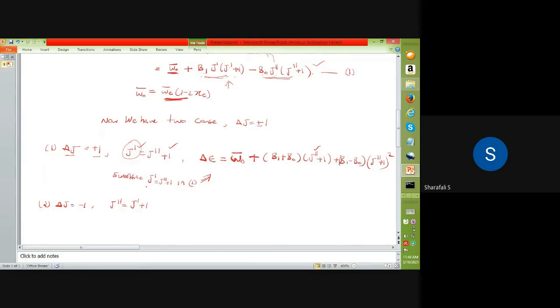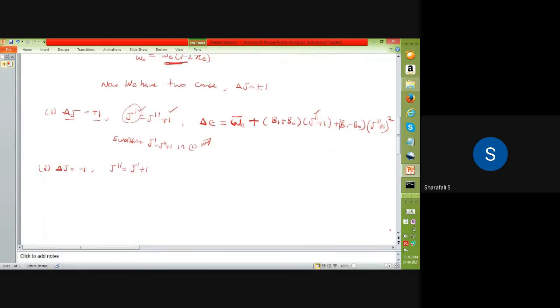So the transition is from the higher state, from 1 to 0, then only we will get delta j equal to minus 1. So in this case j'' will be replaced with j' plus 1 in this equation 1. Okay, so all the j terms will be j' in this expression.